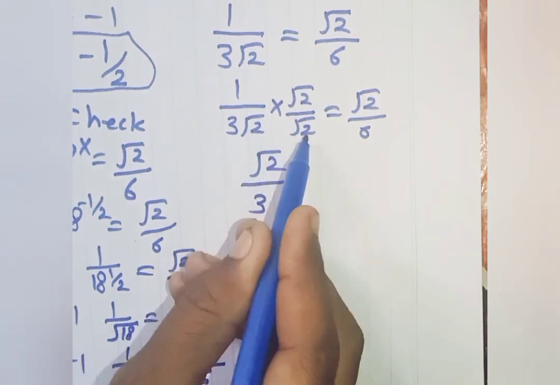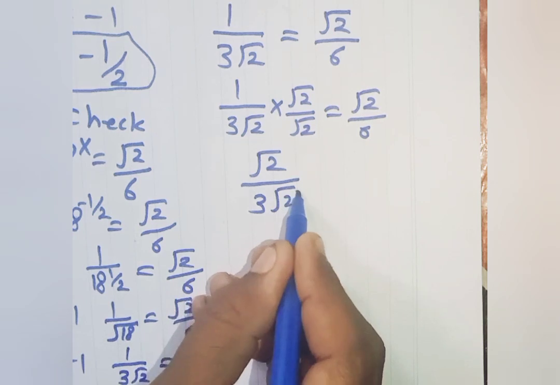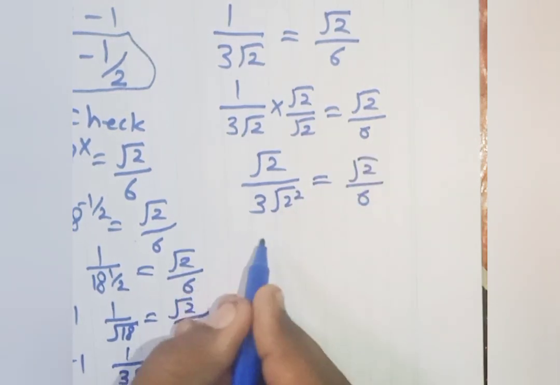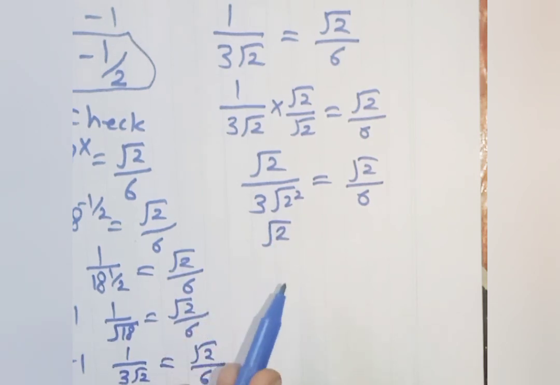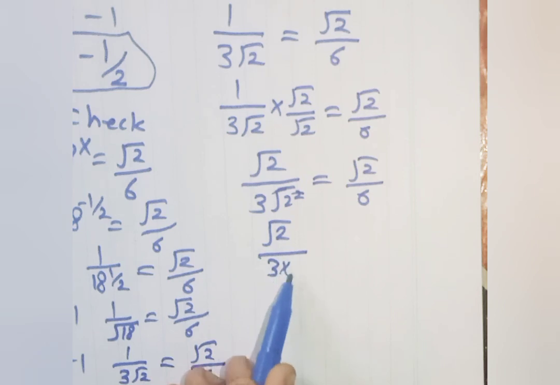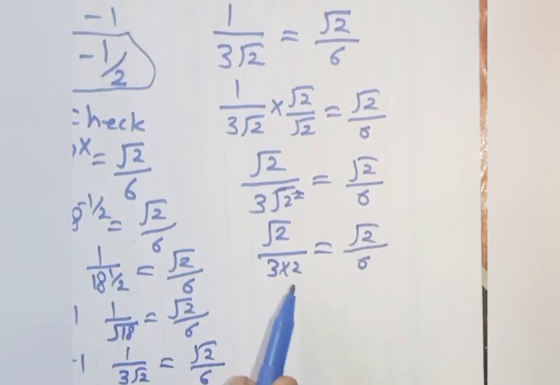In the denominator, 3 square root 2 times square root 2, the square of square root 2, equals 2. So square root 2 over 3 into 2, which is 6, equal to square root 2 over 6.